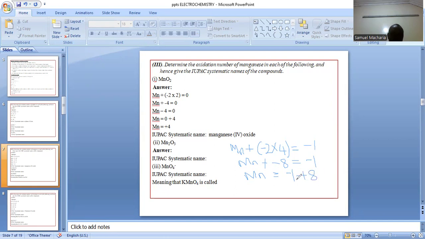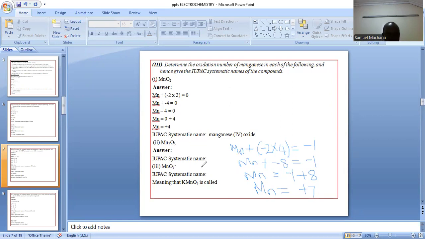So we simplify, -1 plus 8 is +7. So finally, Mn equals +7. Correct. I know you were working with me and you also got the same.